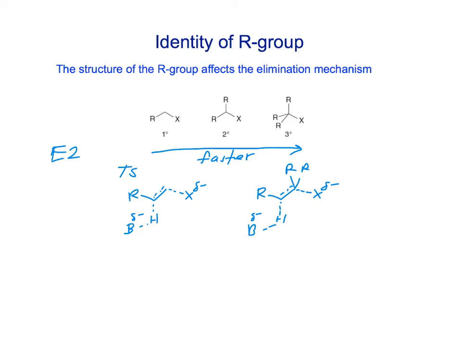The more substituted, or the more carbons that are attached to a carbon-carbon double bond of an alkene, the more stable it becomes. And so the more highly substituted tertiary transition state would be more stable than the less substituted primary transition state.